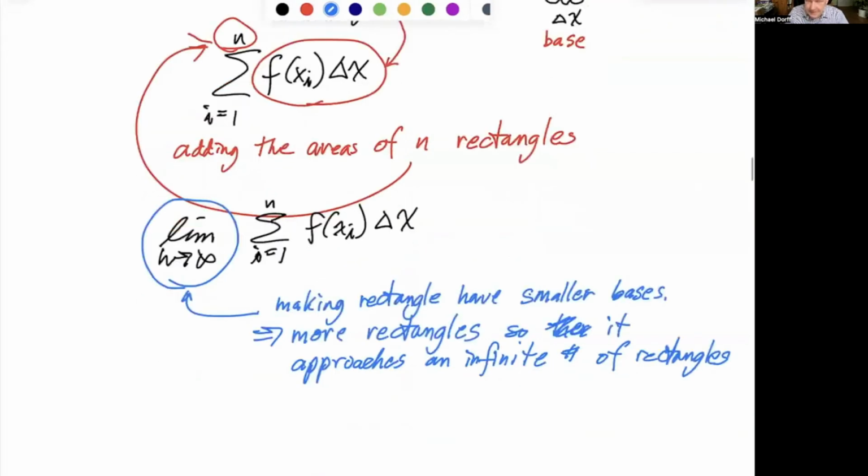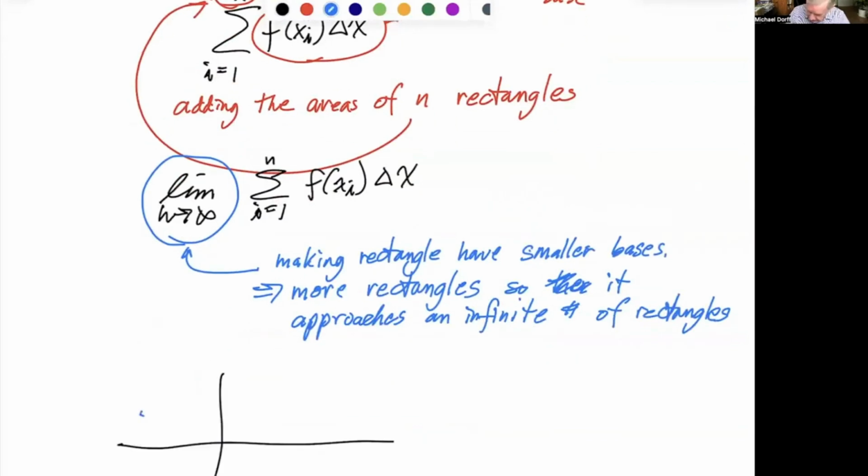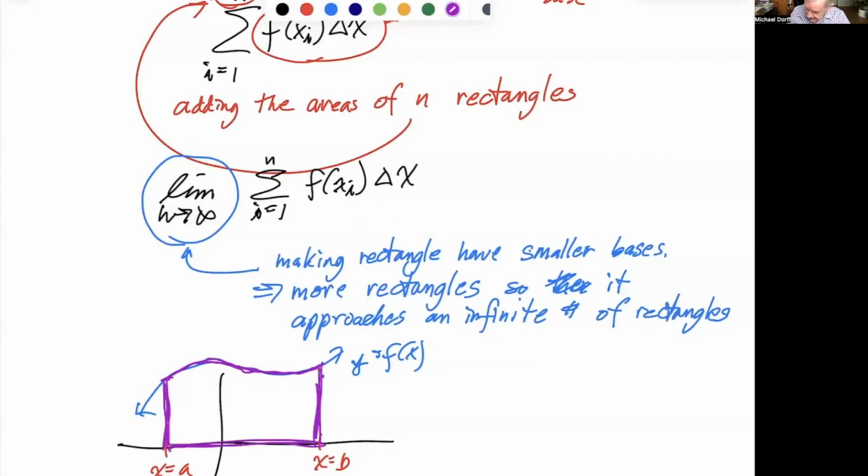Think about it this way: here I've got my curve, y equals f of x, going from x equals a to x equals b, and I want to find the area under here between a and b and above the x-axis. Now I'm putting an infinite number of rectangles in there. As I figure out the area of each of those, I get the value of the integral. That's what the integral is.